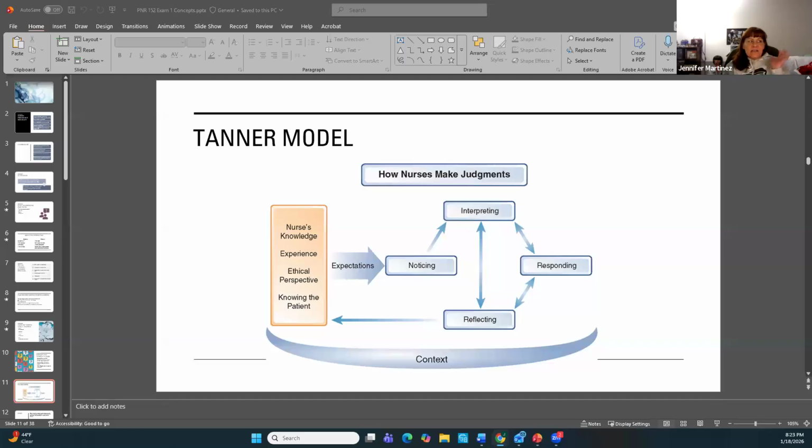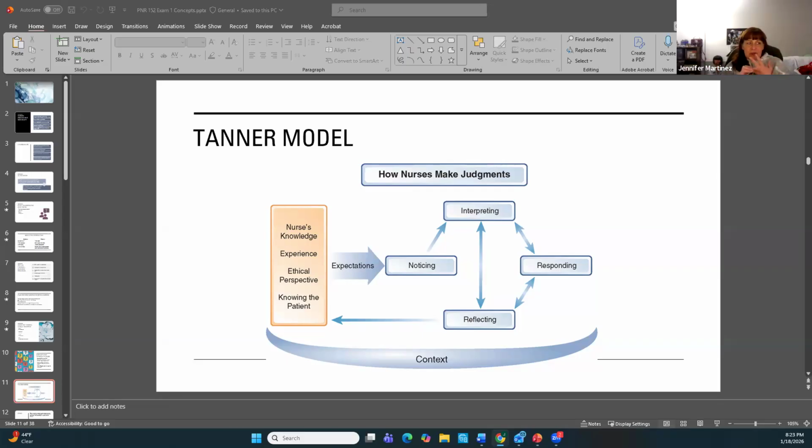So this is just a framework, the 4 phases of clinical decision making: noticing, interpreting, responding, and reflecting. So you see something wrong, you try to make sense of it, you analyze it, and then you respond. Your response is your actions.